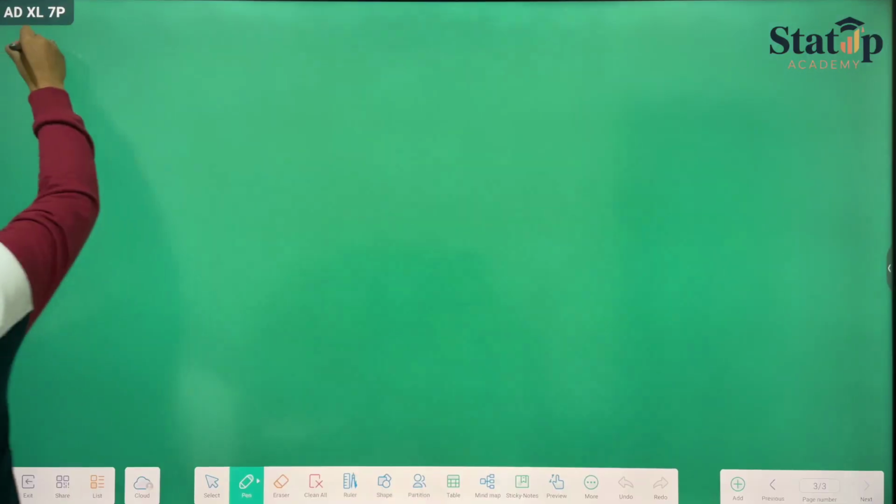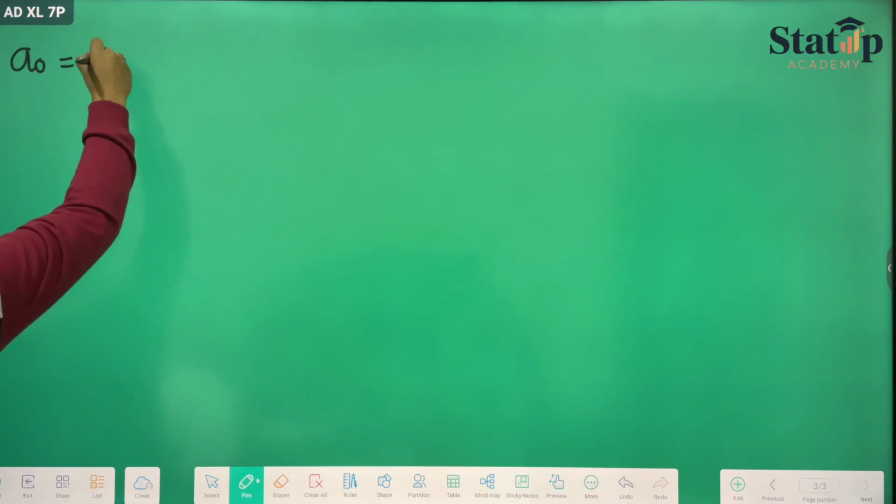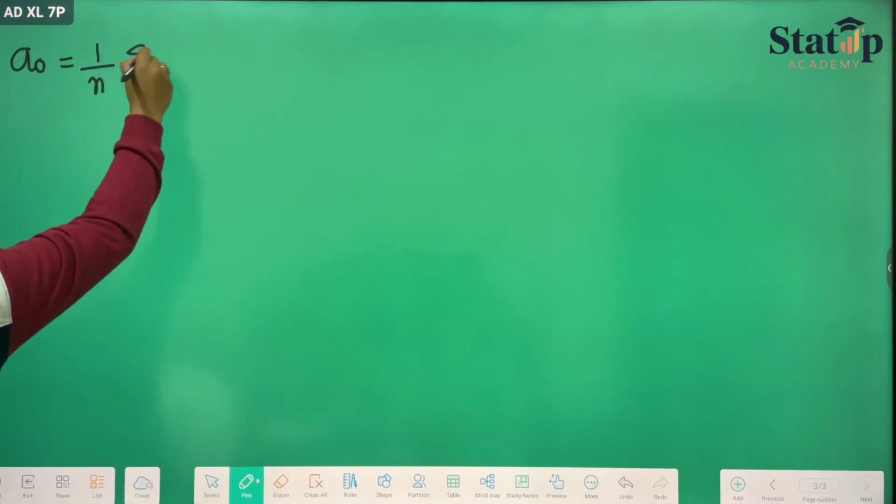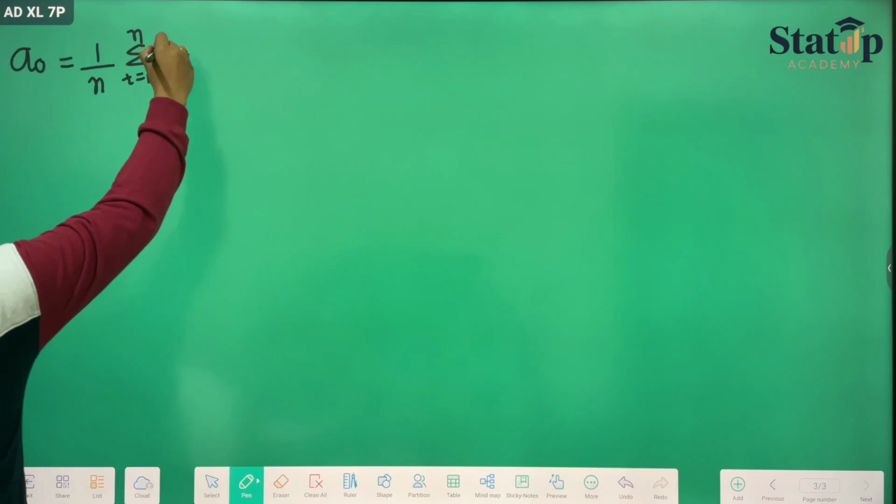So a naught is nothing but 1 upon n summation t goes from 1 to n Yt.